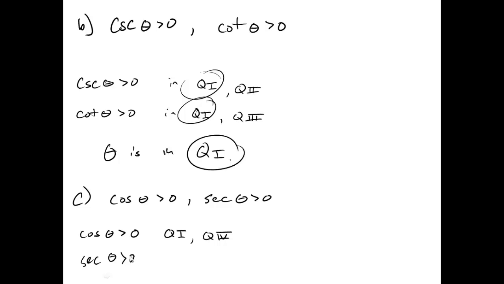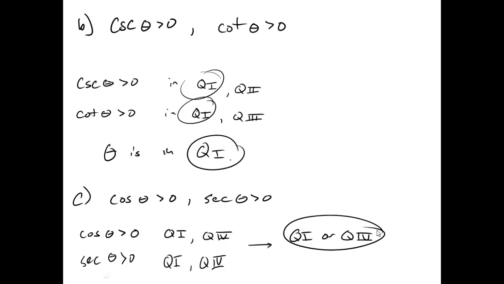Secant theta greater than 0, well, secant goes with cosine. Well, cosine is positive in quadrant 1 where they're all positive, or in quadrant 4 where cosine is positive. So here, you can't get a conclusive answer. So 1 and 4 are both common to both lists, so quadrant 1 or quadrant 4. Alright, we don't know which it is. We know theta's got to be in one of those two quadrants, but we don't know which one it is.